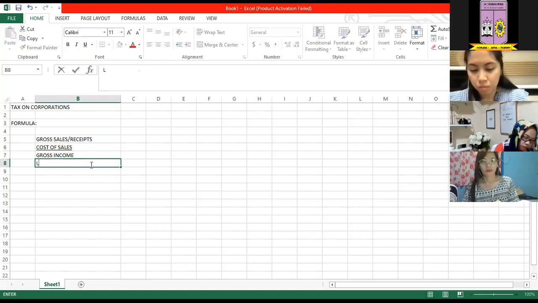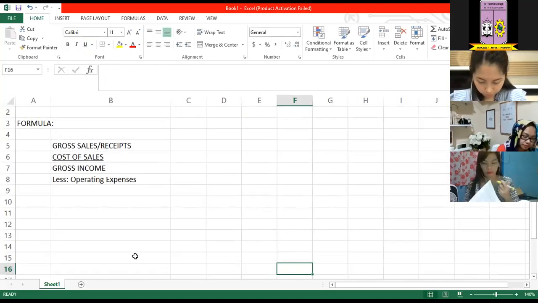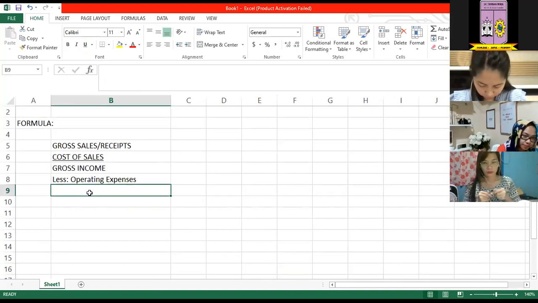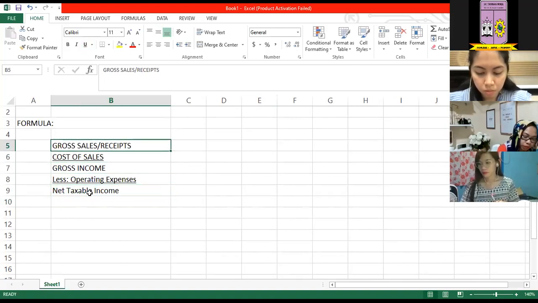Less operating expenses. So yung difference niyan is the net taxable income.